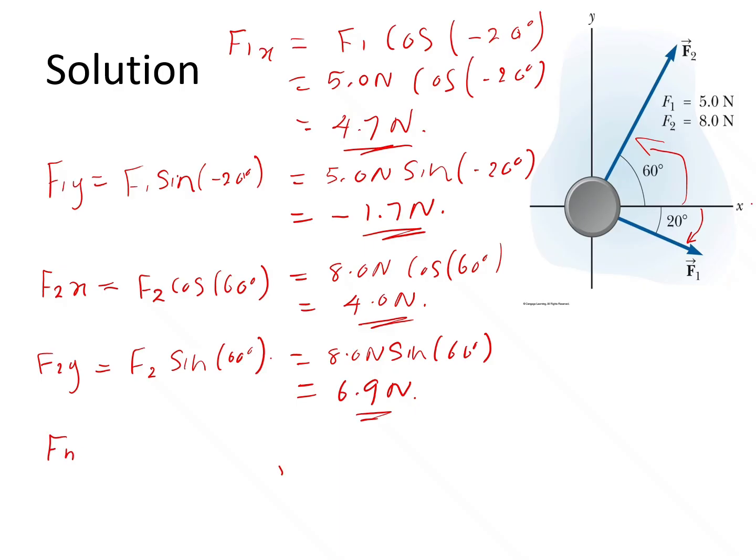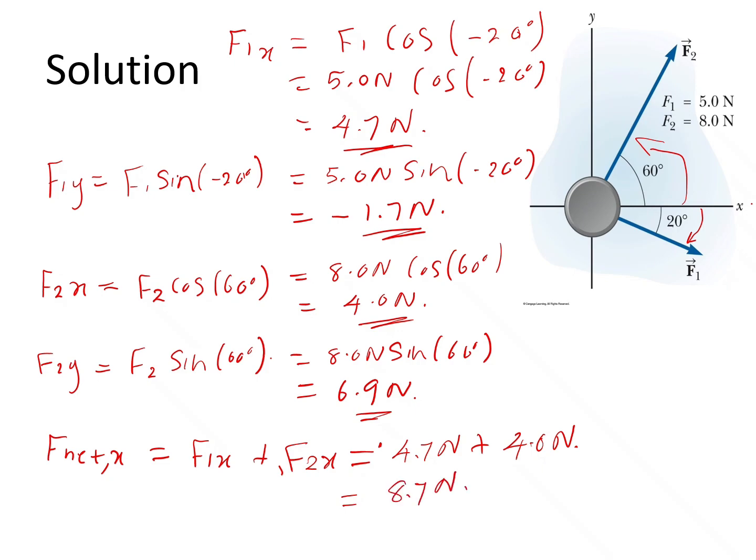Now we know the x component and y component of both forces, so we can find the net force. F net x is equal to F1x plus F2x, which is 4.7 newtons plus 4 newtons. It gives us 8.7 newtons.